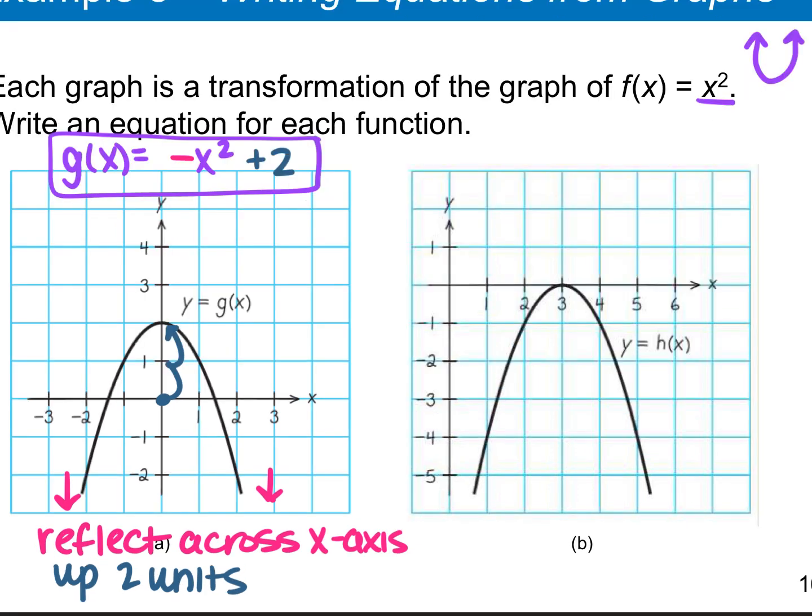For example B, you have this function that is facing downward, so we have a reflection across your x-axis again. But this time we are moving from your origin to the right 1, 2, 3 units.